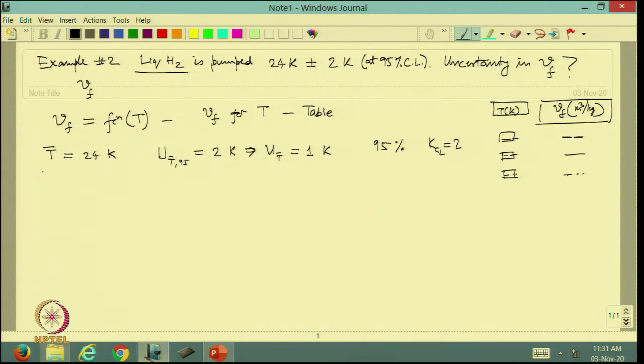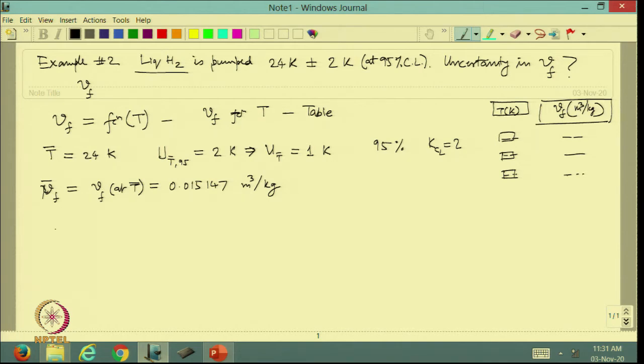So, we got these two. Now, our first thing is to get the specific volume, the mean specific volume, which is V f at 24 Kelvin, which is, if you look up the tables, we get this data as 0.015147 meter cube per kg. So, that is the specific volume at 24 Kelvin.